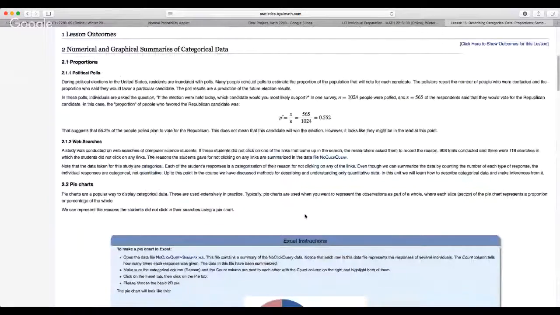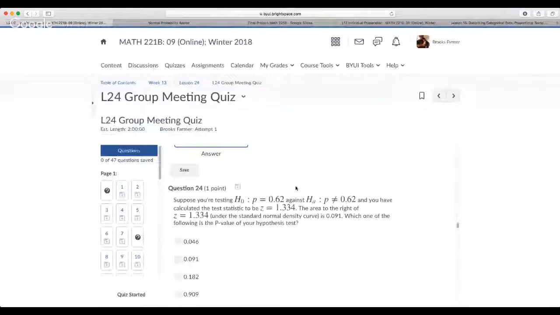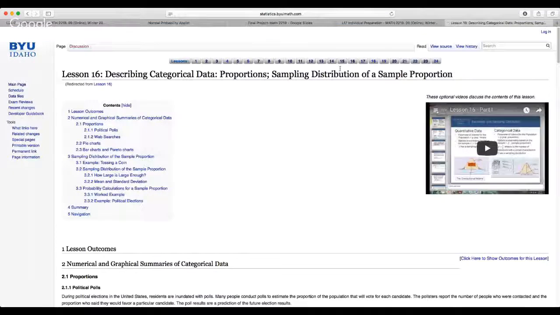Which chapter are you in, Brooke? I'm on 16. I don't know if that's right though. I know it's going to be proportions because it's a p-test. Let me see.